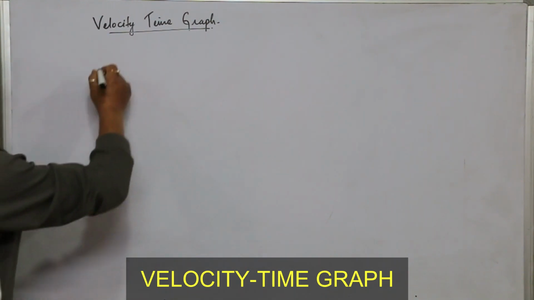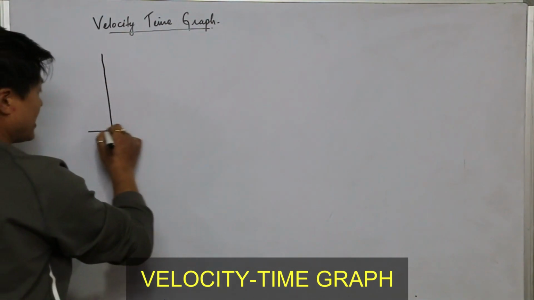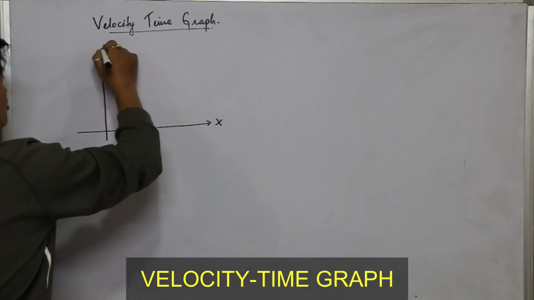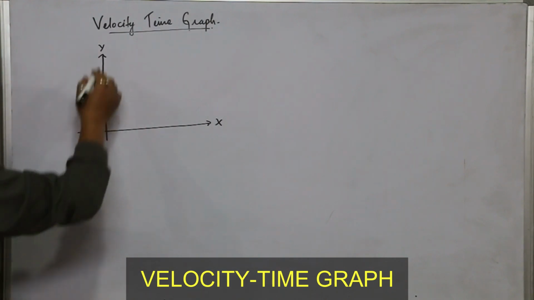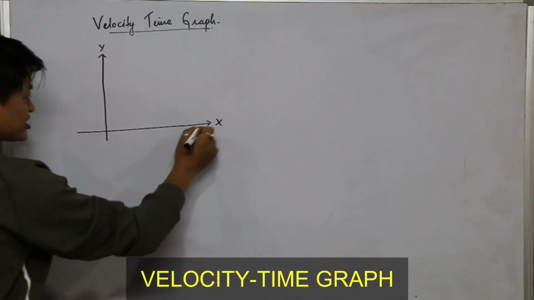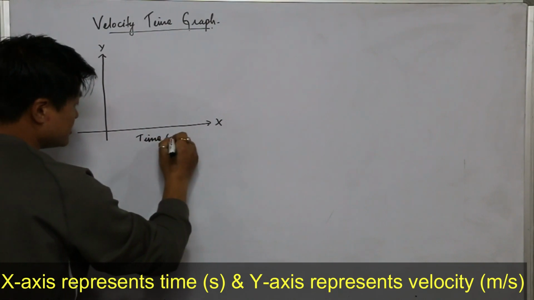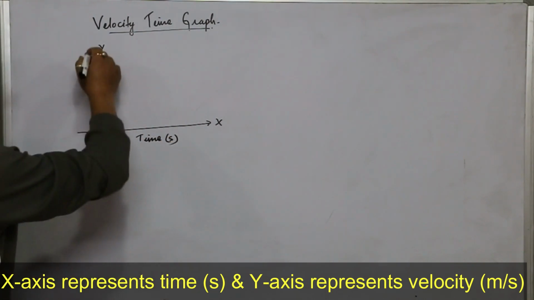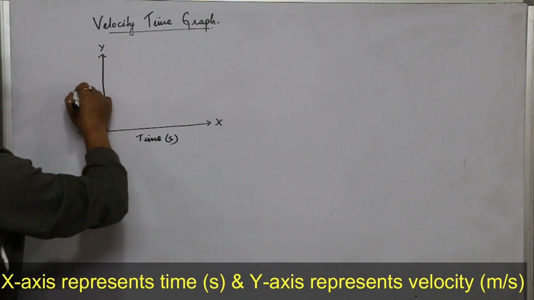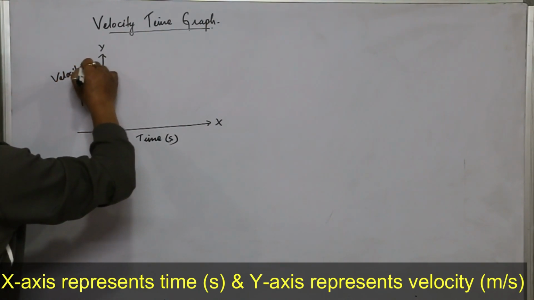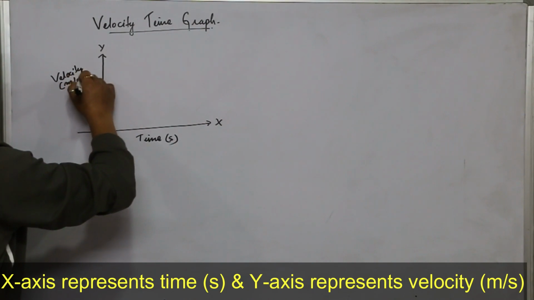Okay? In velocity time graph, we have the two axes. This is your x-axis and this is your y-axis. Here in velocity time graph, x-axis represents time in seconds and the y-axis will represent velocity in meter per second.